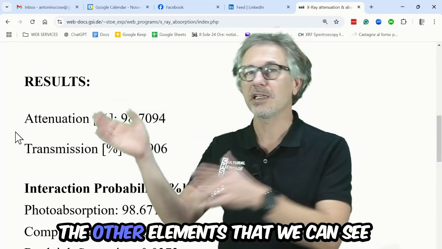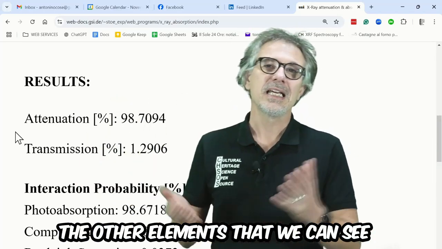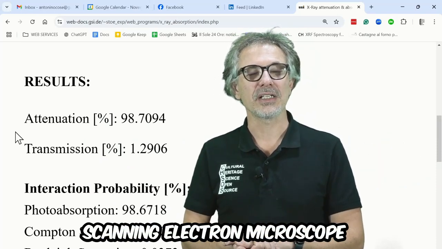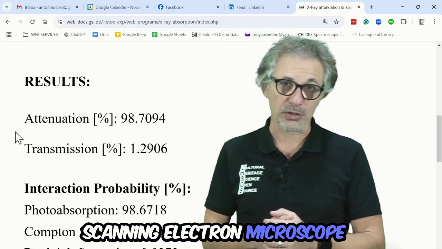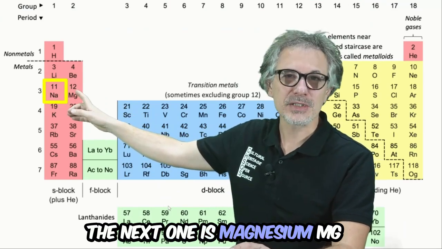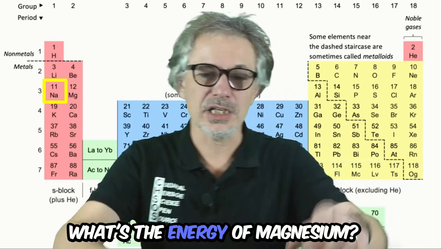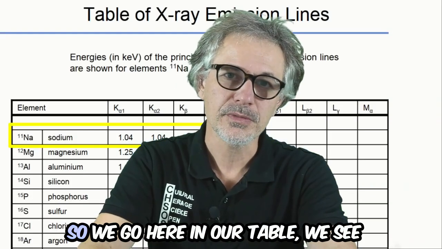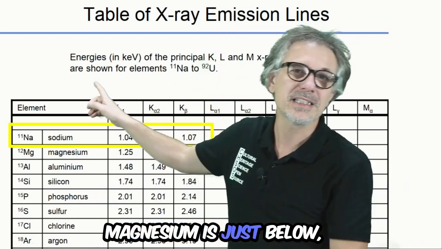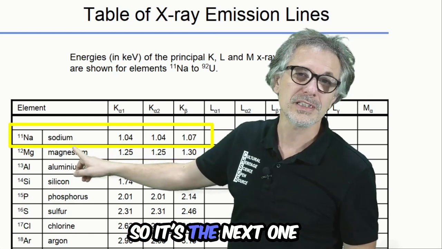We have all the other elements that we can see, so we leave sodium to the analysis under the scanning electron microscope. After sodium, the next one is magnesium, Mg. What's the energy of magnesium? We go here in our table, and we see magnesium is just below sodium, the next one.